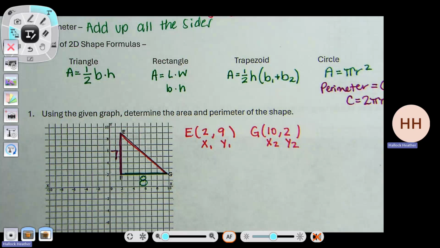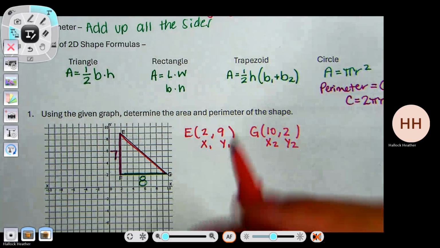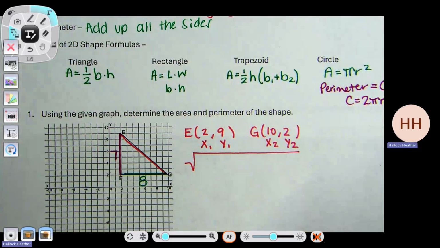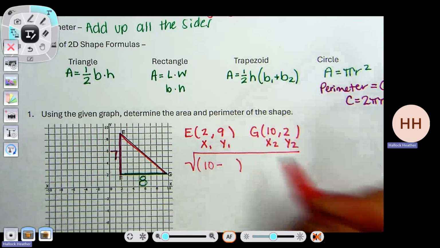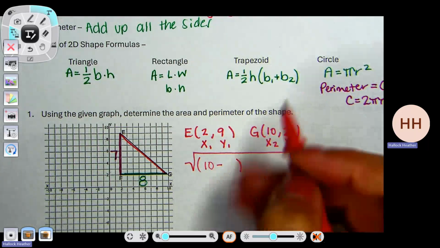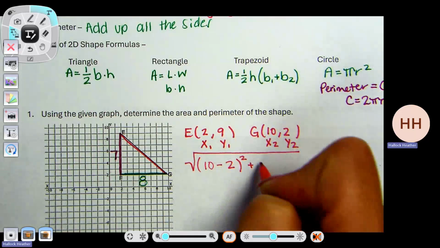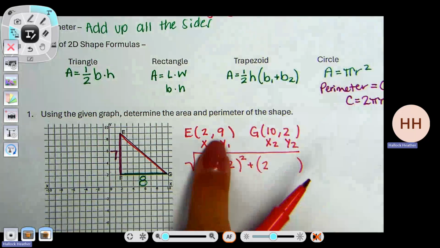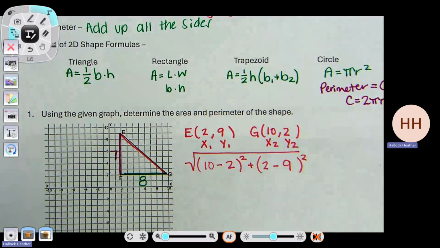So what is x2? 10. I'm minusing x1, which is how much? 2. I'm doing y2, which is 2, and I'm minusing y1, which is 9. Use your blue sheet. Your blue sheet has the formula.